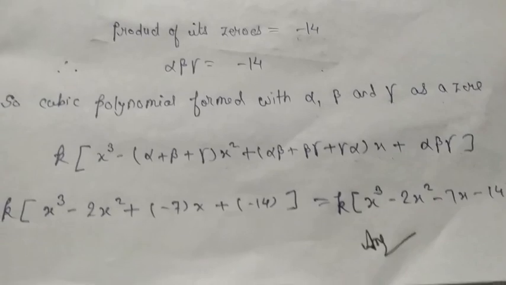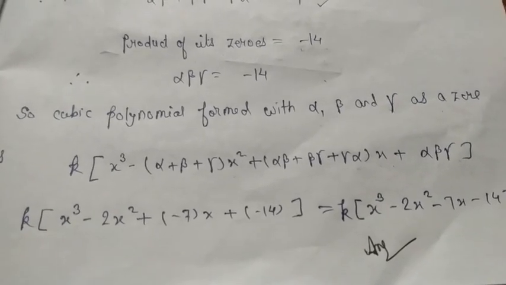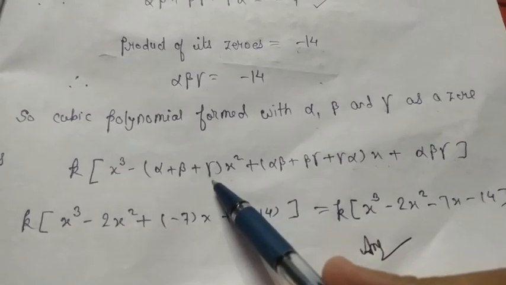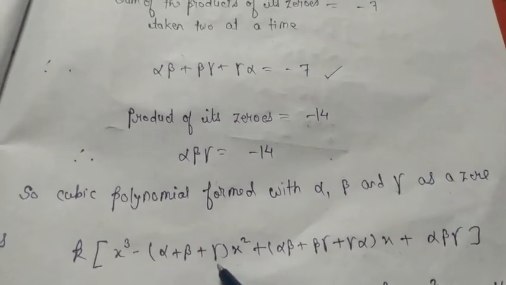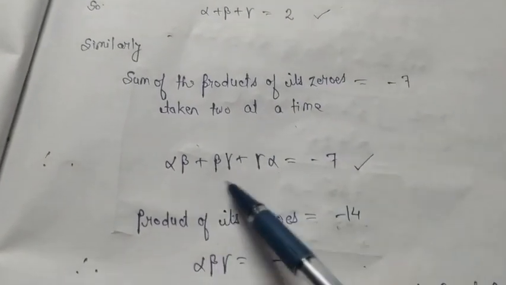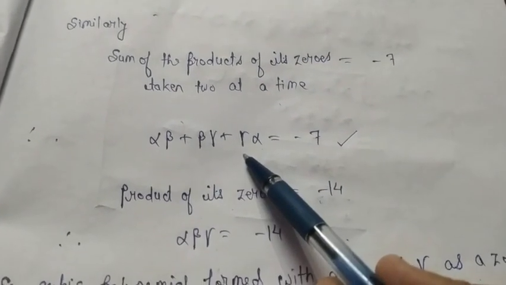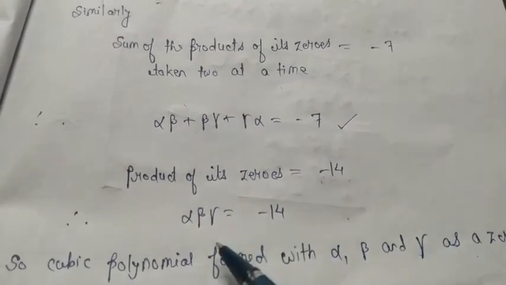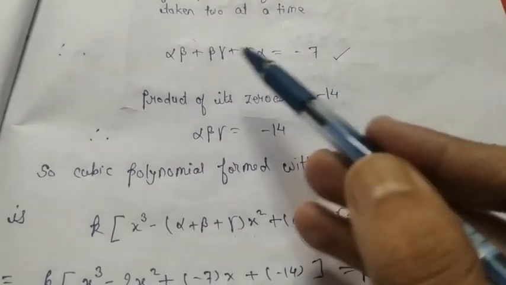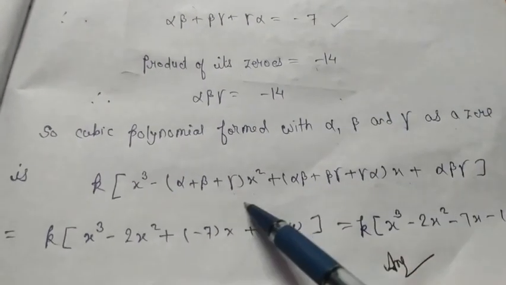Okay, so listen children, all these values you have calculated already. Alpha plus beta plus gamma you have calculated, that was 2. Alpha beta plus beta gamma plus gamma alpha is also minus 7, and alpha beta gamma is minus 14. So all these values I am going to put in this expression.